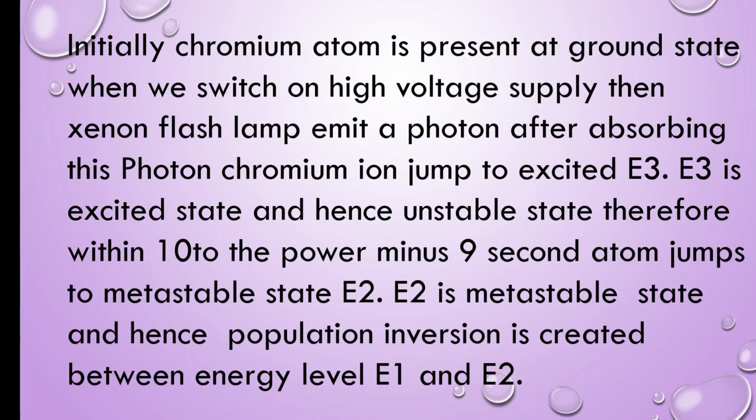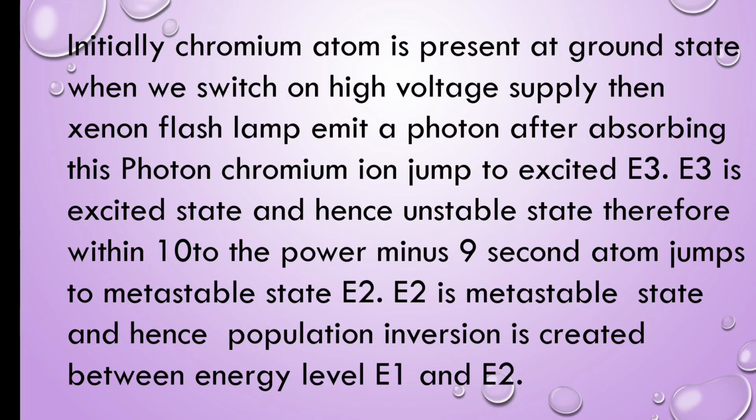Generally, the chromium ions jump from ground state E1 to the excited state of energy level E3, and this energy level E3 is an unstable state, not a metastable state, and therefore the chromium ions will not stay on energy level E3 for a long time. They will fall down to metastable state E2, whose lifetime is on the order of a few milliseconds.